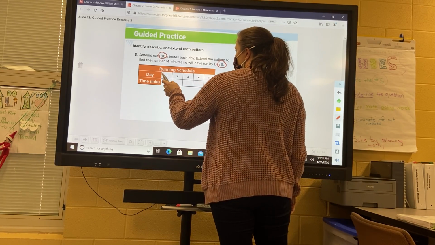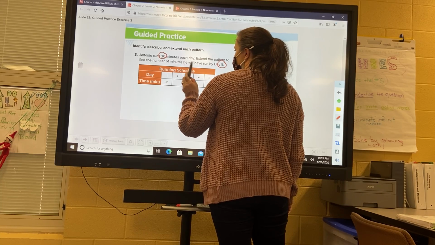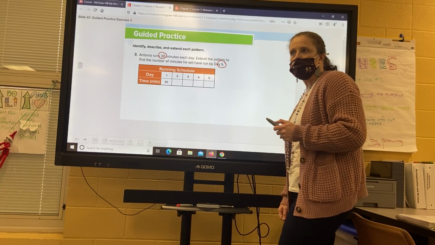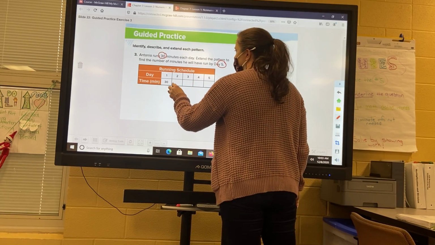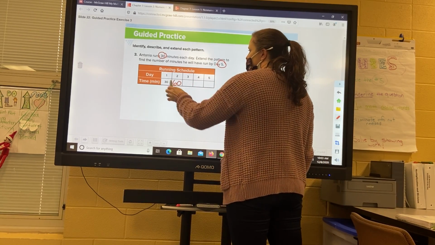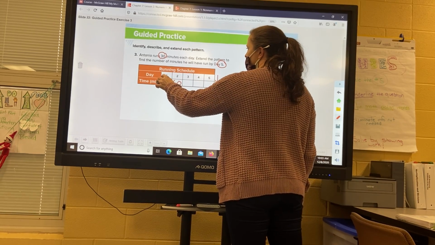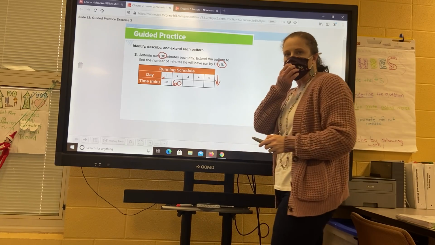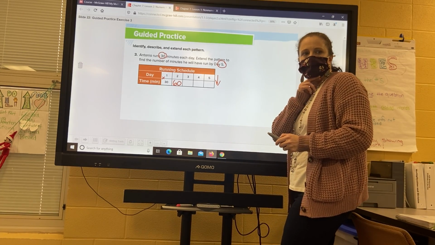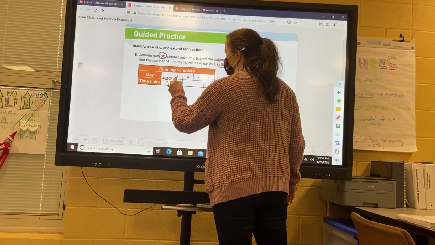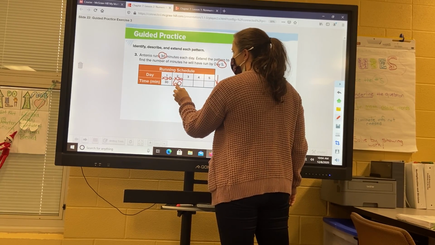Okay? So day 1, he runs 30. So day 2, what's he going to run on day 2? 60. Okay? So when we do tables like this, we need to be looking this way. So 1 times what are we multiplying by? 30. Good job.